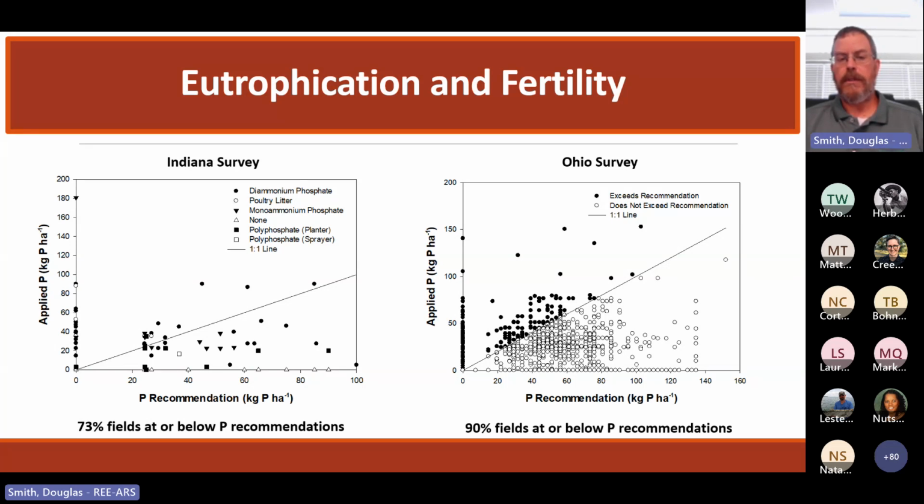Theirs was a much more extensive survey, and 90% of the fields from their survey resulted in phosphorus applications that were at or below the phosphorus recommendations. So all that to say, it's the farmers that are getting the bad press, but if the majority of farmers are following the recommendations, then maybe we need to re-examine the recommendations that the farmers are getting.